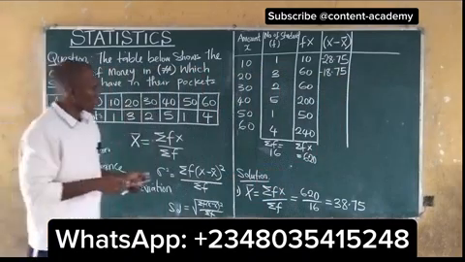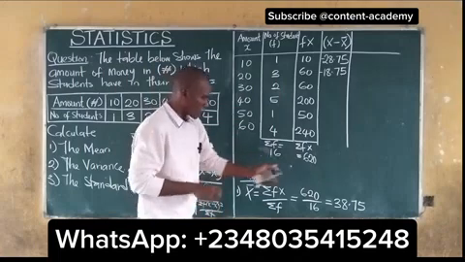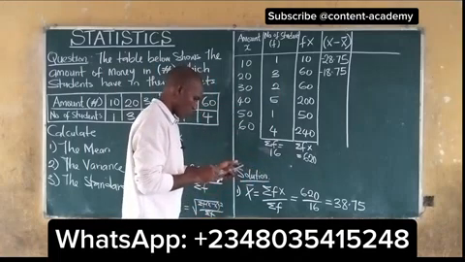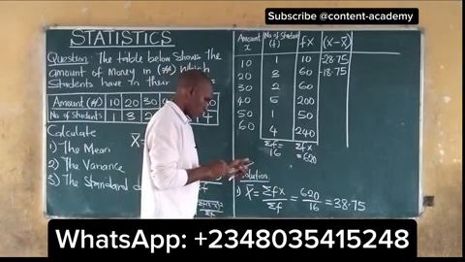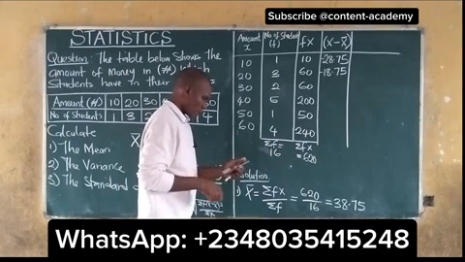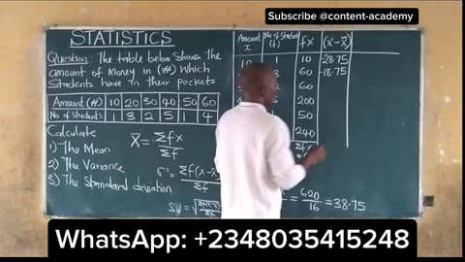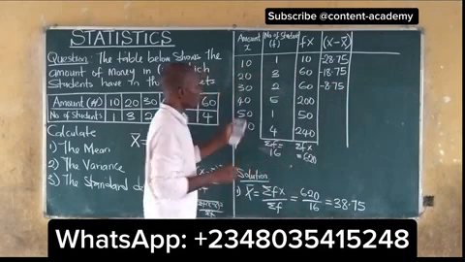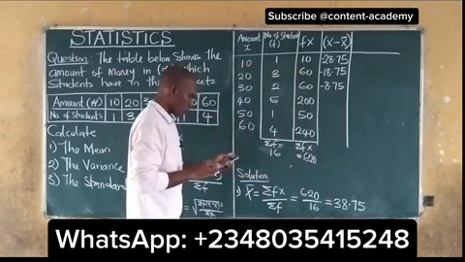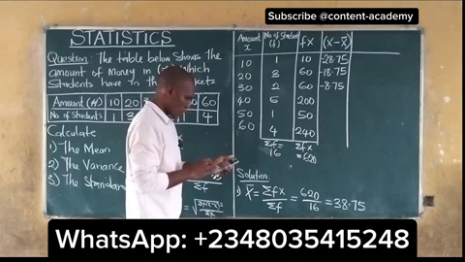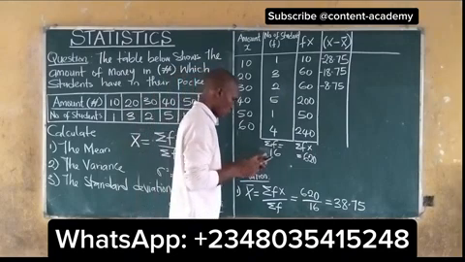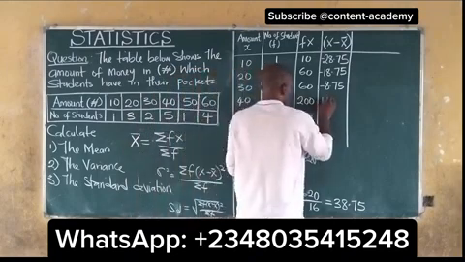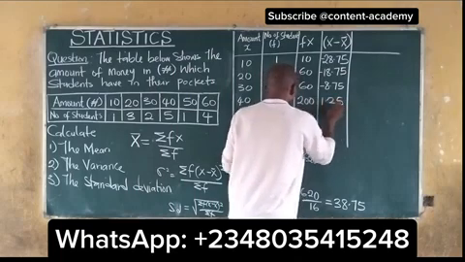The next one is 30 minus 38.75, which is negative 8.75. Now we also have 40 minus 38.75, which is 1.25.